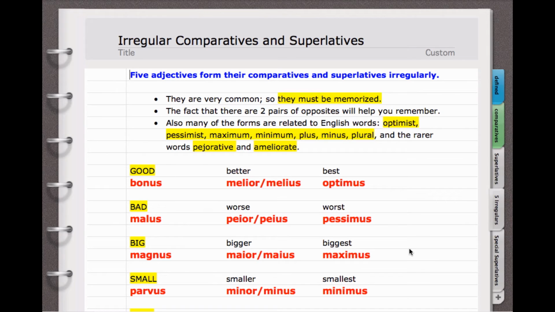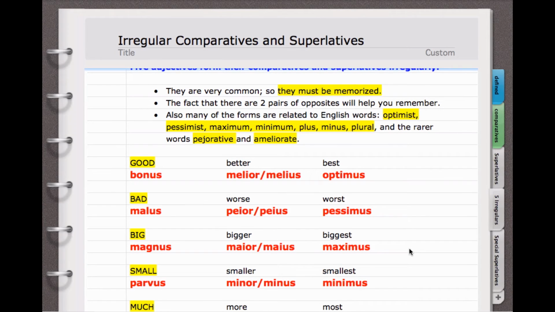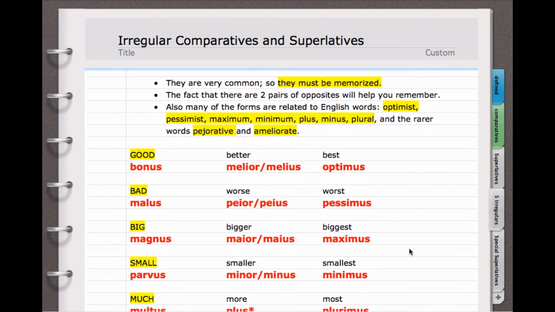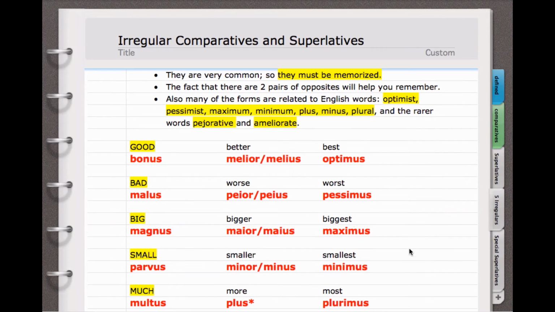Let's scroll down and see the words: good, bad, big, small, and much. We notice that there are 2 pairs of opposites here, so that perhaps will help you remember at least what they are. We've got good and bad, big and small, and much is related to small, I suppose.